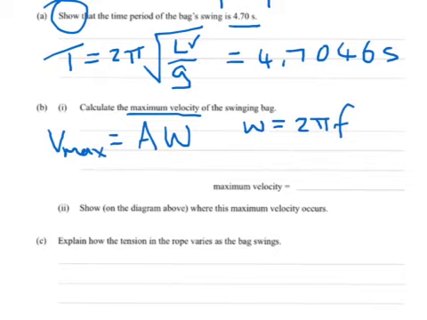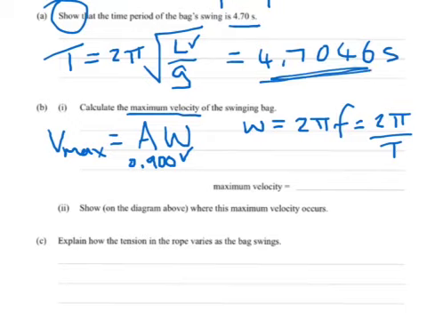We don't know the frequency, but we know the period, and frequency is 1 over the period, so omega is 2 pi over T. The amplitude of swing was 0.900 meters, so we plug those numbers in, using the time period we found, and out comes 1.20 meters per second.